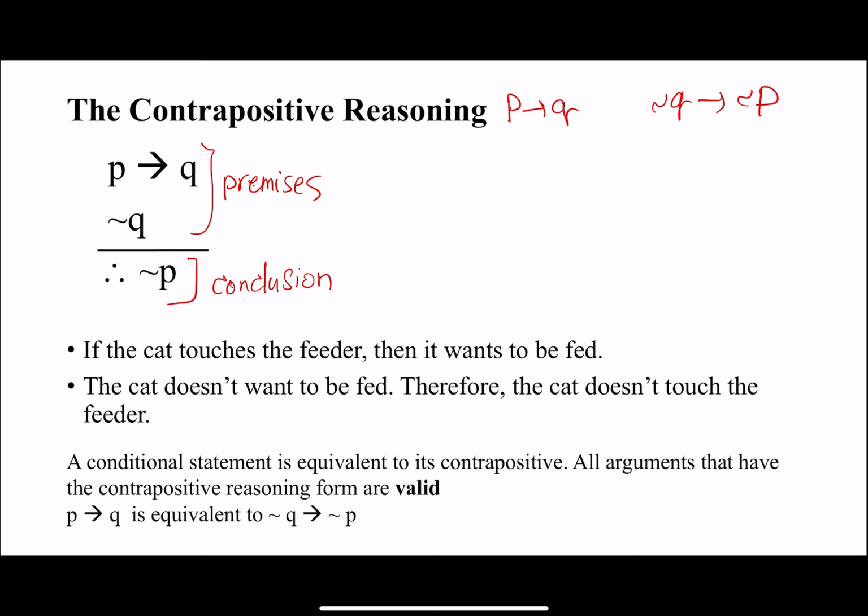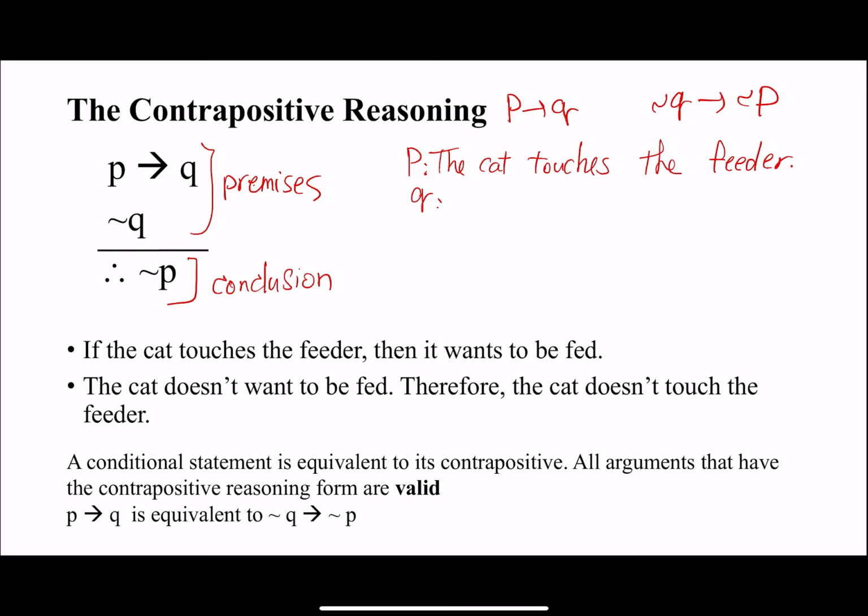Well, let's say P represents the cat touches the feeder, and Q represents it wants to be fed.